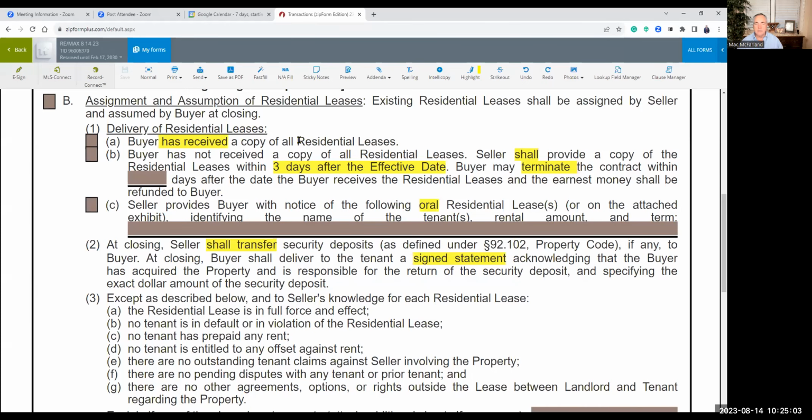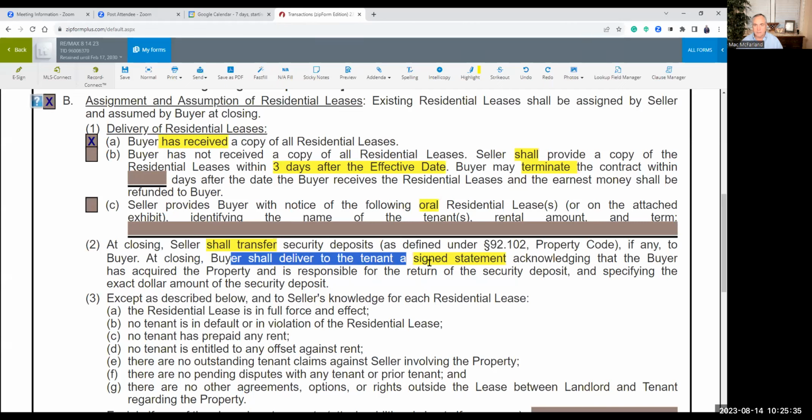So if I'm representing the buyer and the buyer's received copies of all these leases, it's a fourplex, for example, then I have 4 leases that I should have copies of. I have this addendum and 4 leases. All of those are going to be in my file in case something ever comes up. So I mark the fact that they've got this.